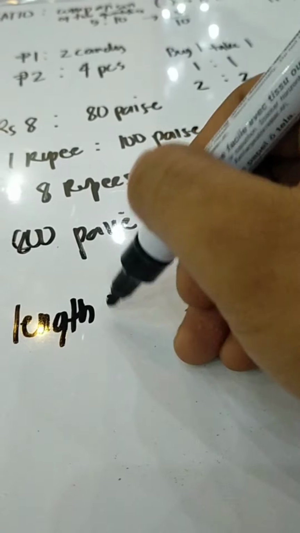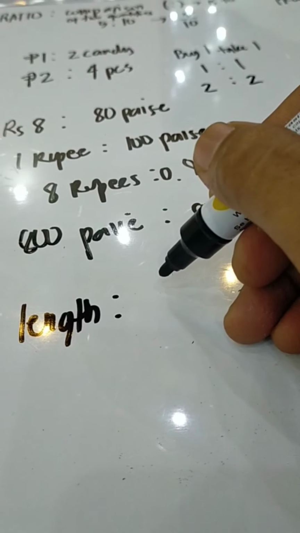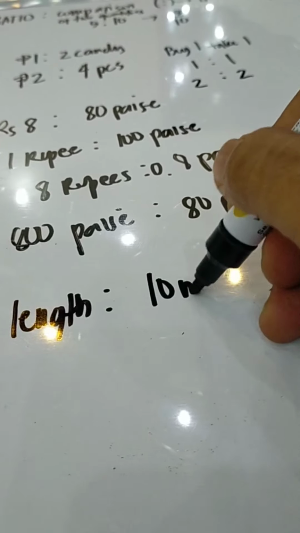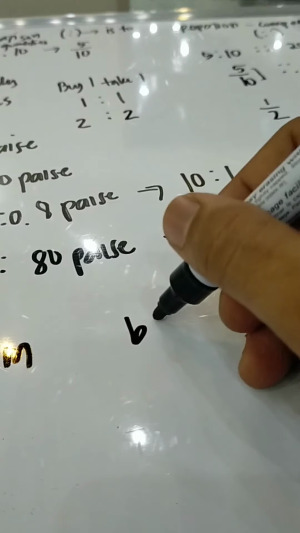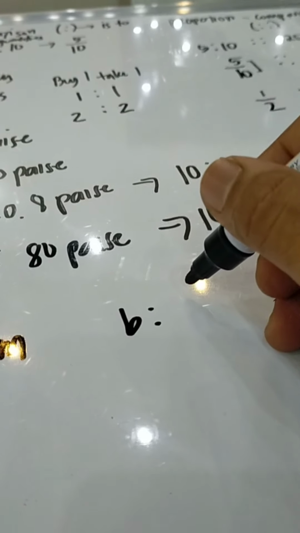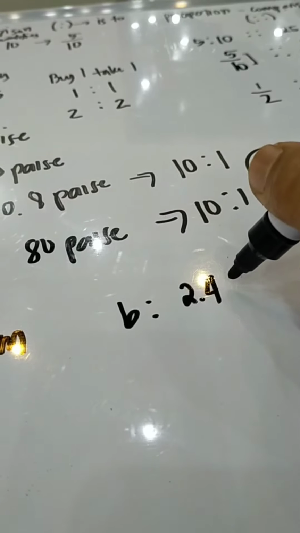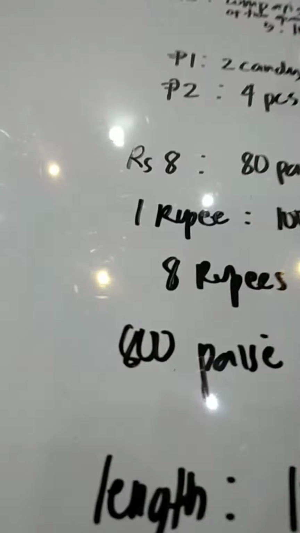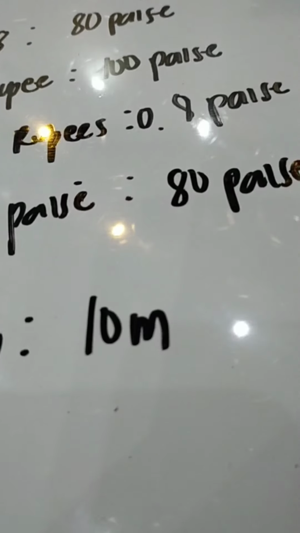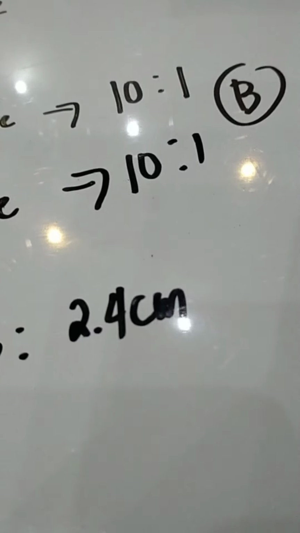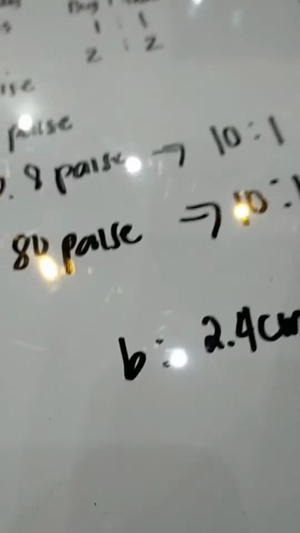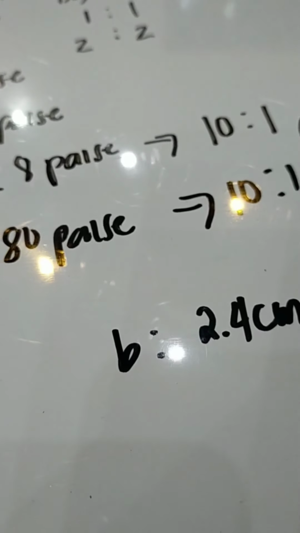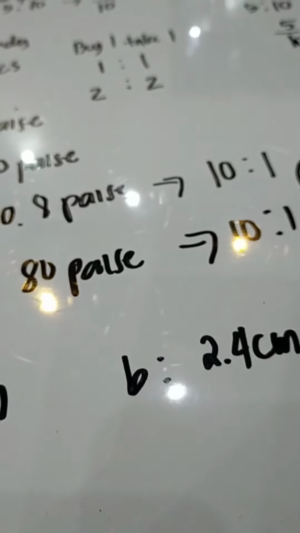So our length is 10 meters and our breadth is 2.4 centimeters. So nakita natin na magkaiba ang kanilang unit. We have meters and centimeters. So una sa lahat, dapat pagkapareho muna yung kanilang unit.